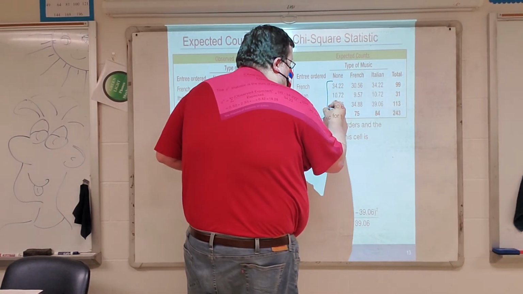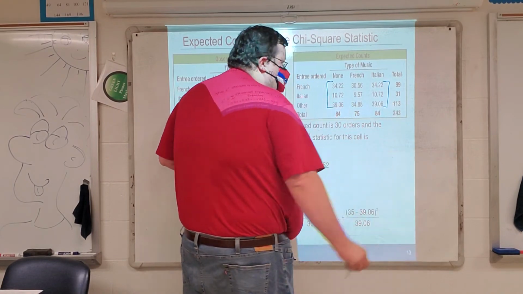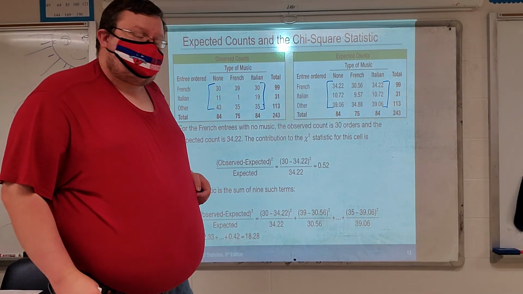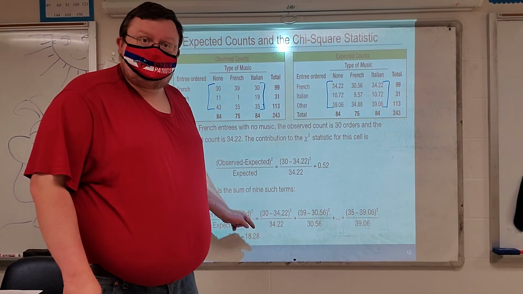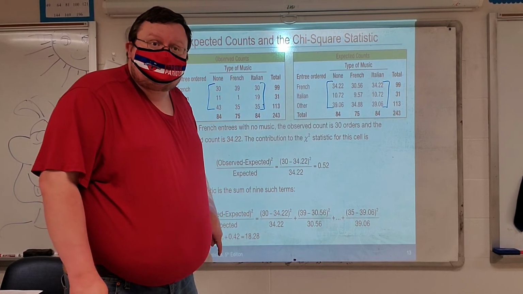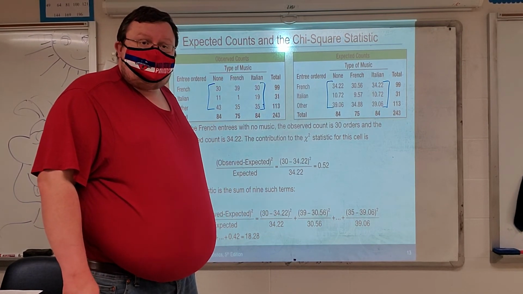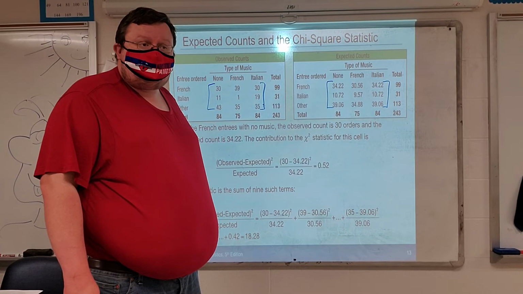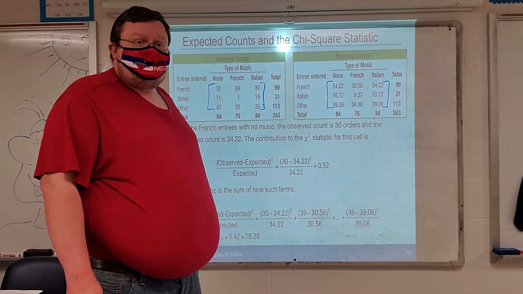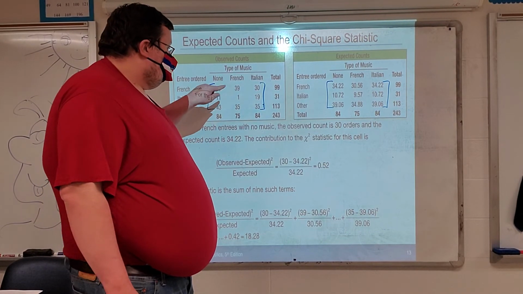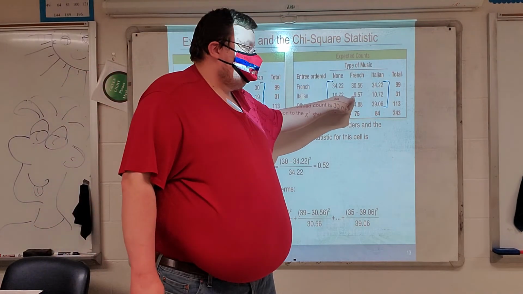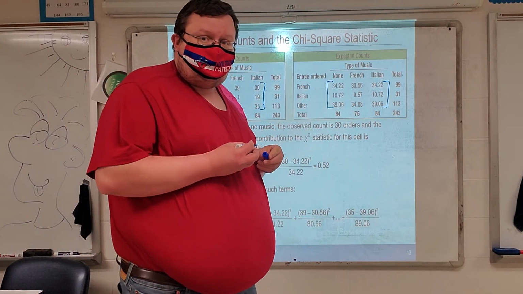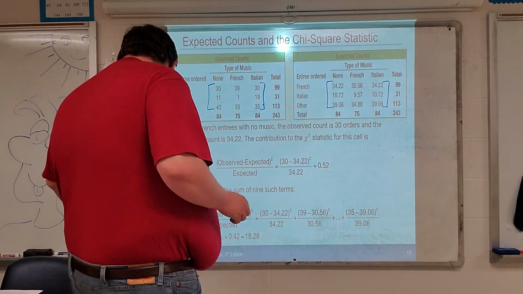And we're going to put the expected counts in another matrix. And we're going to let the calculator do the work for us. Because I don't know about you, but do you want to really do all this by hand? It'll take you a while. 9 different numbers you have to find and add up. So we put this in as one matrix, this is in another matrix. You might want to make note of that.